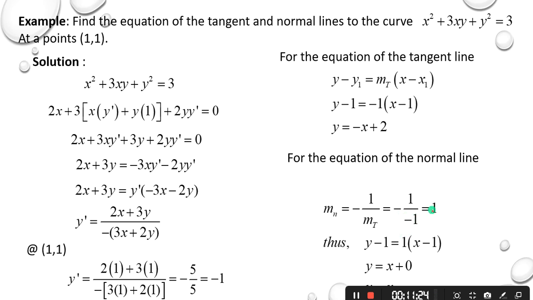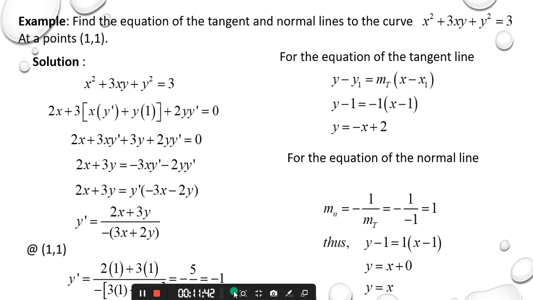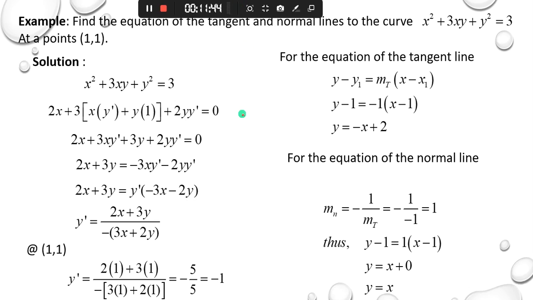So we make it positive. Thus we have y minus 1 equals 1 times x minus 1, and y equals x plus 0. So we have y equals x.